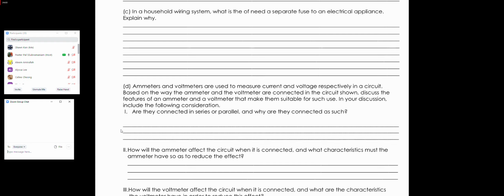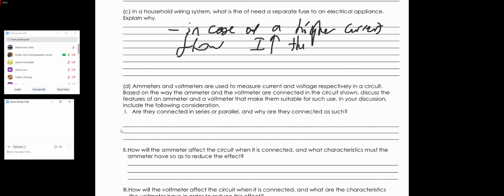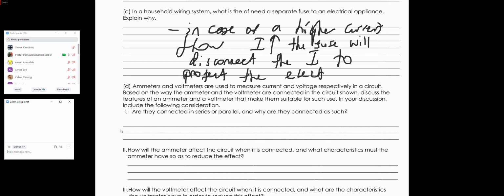You write down now: in case of a higher current flow, the fuse will disconnect the current to protect the electrical appliances separately.